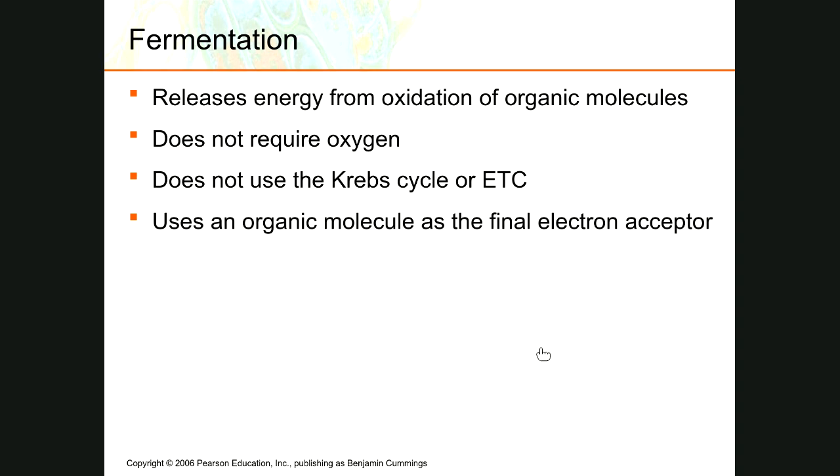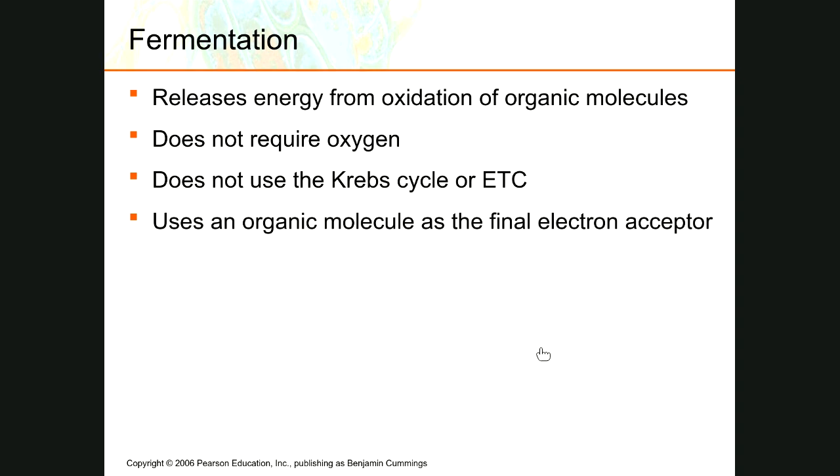And since there's no electron transport chain, there's no Krebs cycle. So that means that ATP formation is limited to just glycolysis, so 2 molecules of ATP per glucose. If you're a single cell microorganism, you can live on that. But complex multicellular organisms cannot.